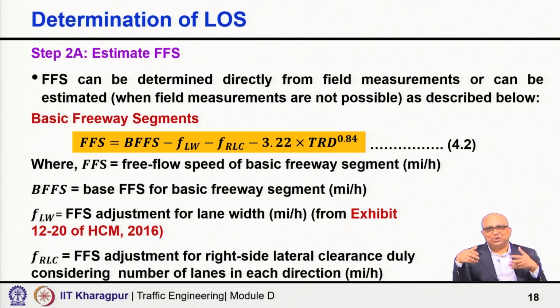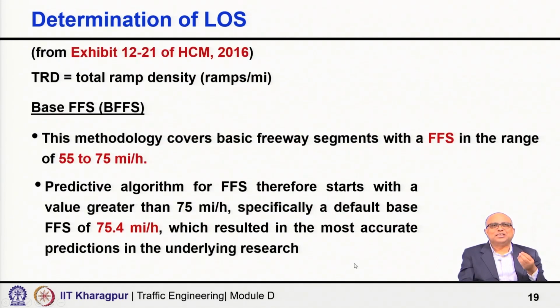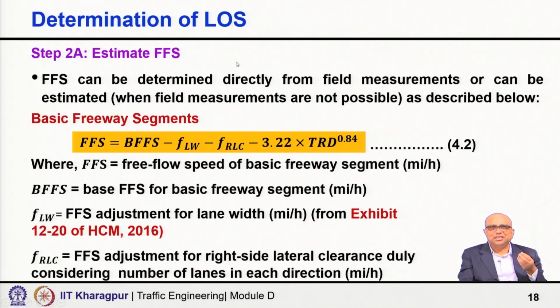So, in Indian condition based on our driving rule, it would actually mean the left side lateral clearance, but since I am referring to HCM, I am always going by the HCM and the US traffic driving rules. So, FFS adjustment for right side lateral clearance, and this is again given in exhibit 12-21 in Highway Capacity Manual 2016.